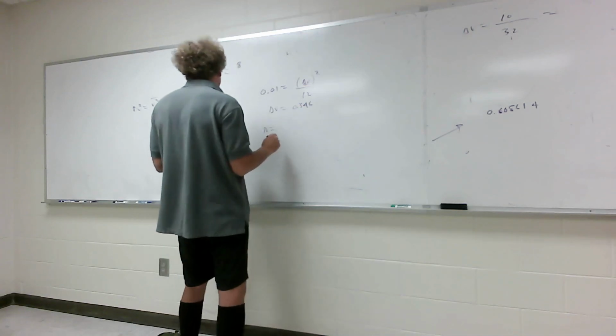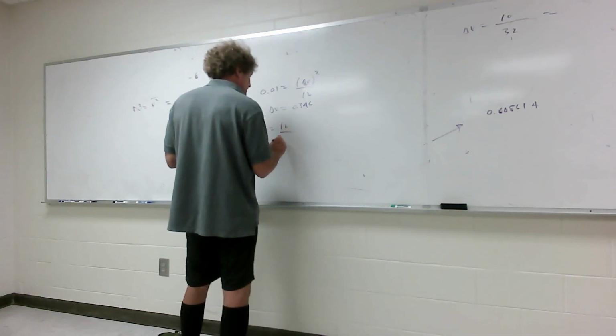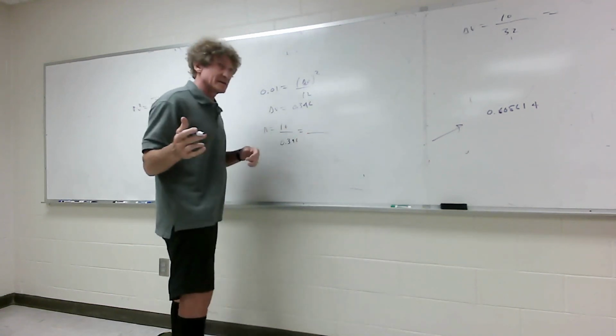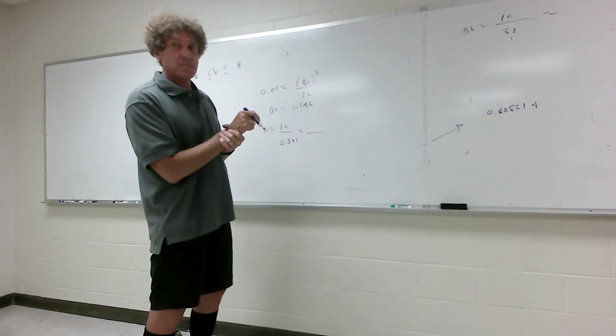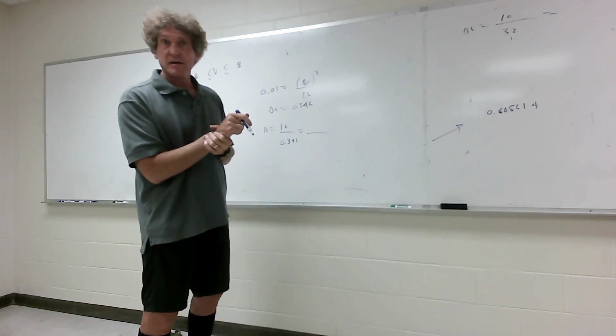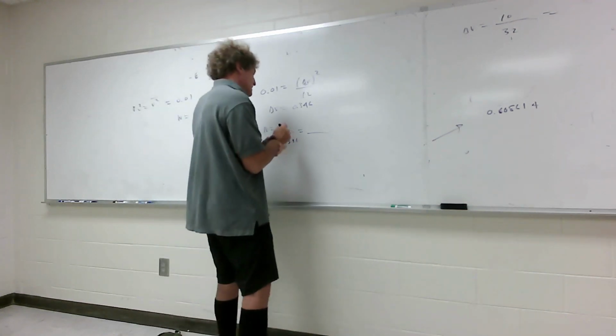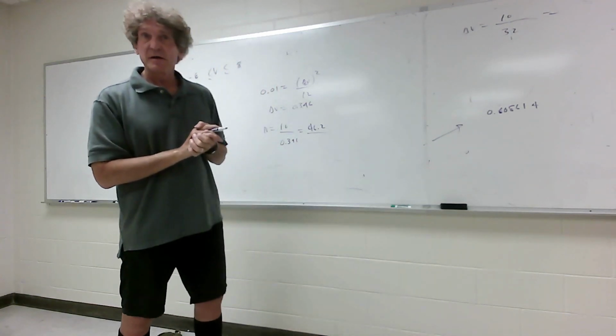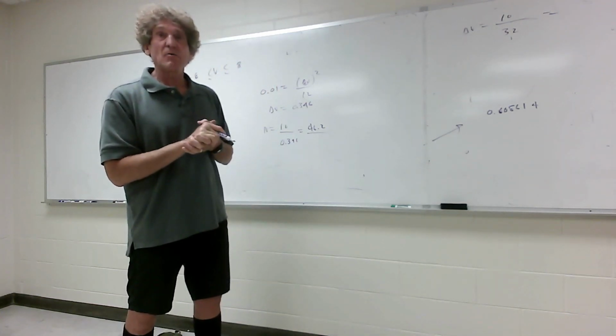Now, how many levels for this one? We have a total dynamic range of 16 over 0.346, and that's 46.2.